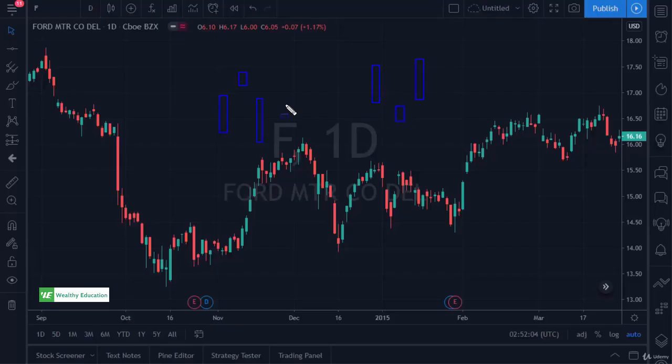But in the case of an evening star, you are looking for an uptrend, and there is a smaller body candlestick preceded by a longer body candlestick and followed by a longer one, which obviously at this point would be negative as we fall. The star of the pattern can be positive, negative. It doesn't really matter. The idea is you're reversing.